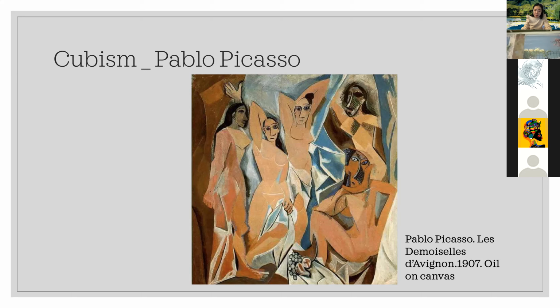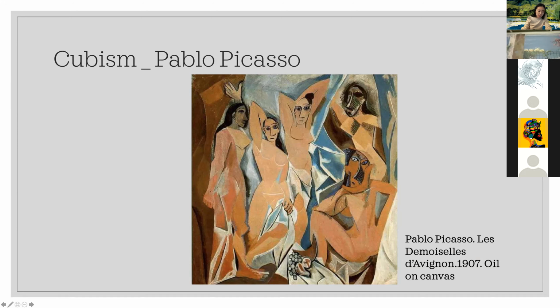Each figure is depicted in a disconcerting, confrontational manner, and the nose is conventionally feminine. So the women appear slightly menacing and are rendered with angular and disjointed body shapes.